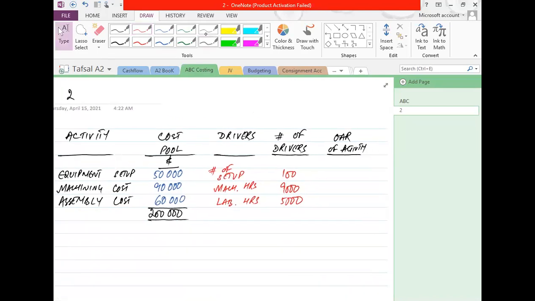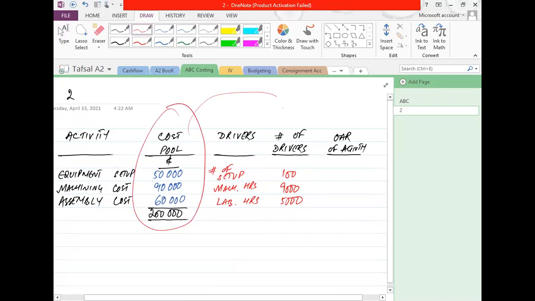For OAR, what I need to do, we need to divide the cost pool by the number of drivers. Calculators, calculate. 50,000 divided by 100. The answer is 500 per setup.